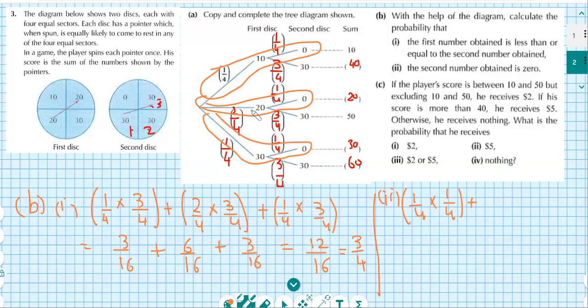Then this one is 2 over 4 multiplied by 1 over 4. Plus 1 over 4 multiplied by 1 over 4. So we get 1 over 16 plus 2 over 16 plus 1 over 16, equal to 4 over 16, or equal to 1 by 4.